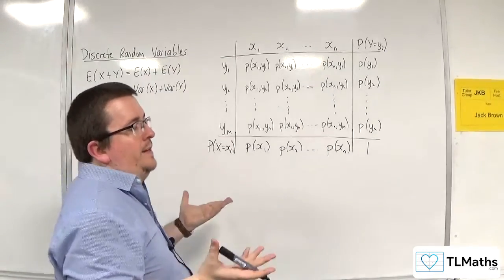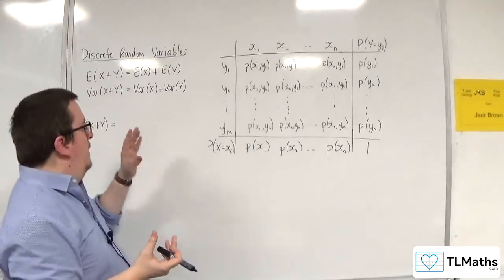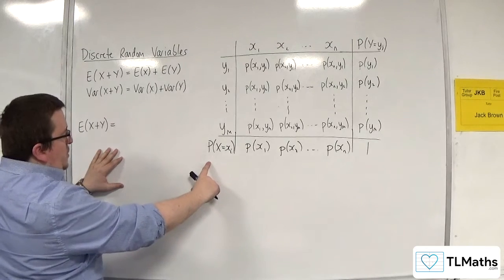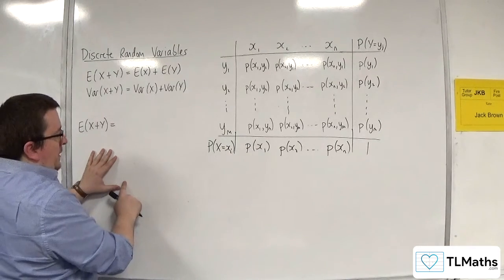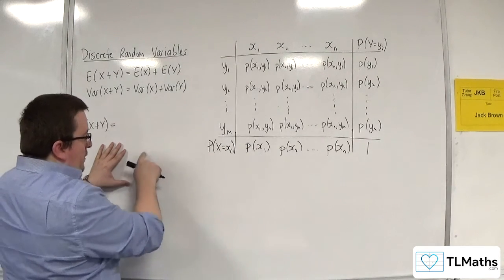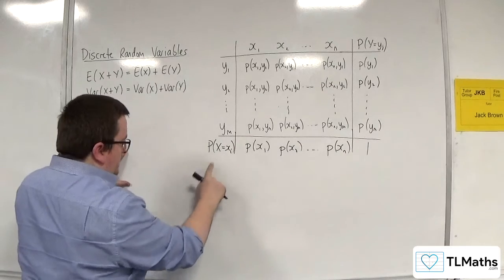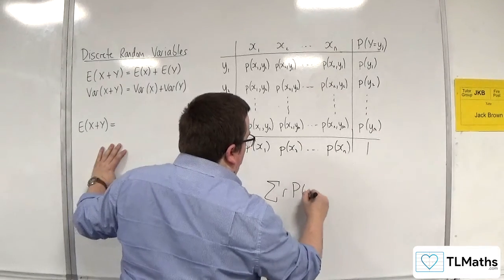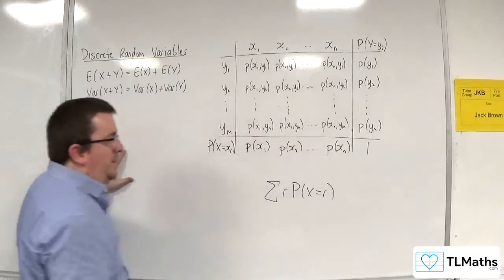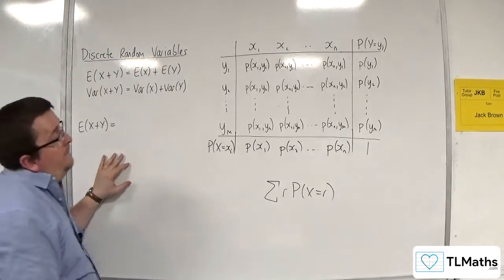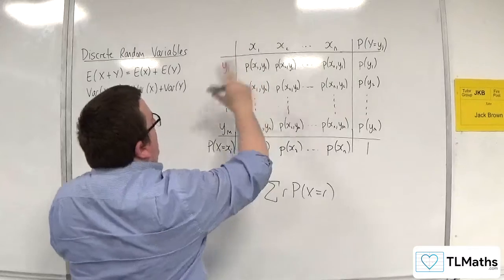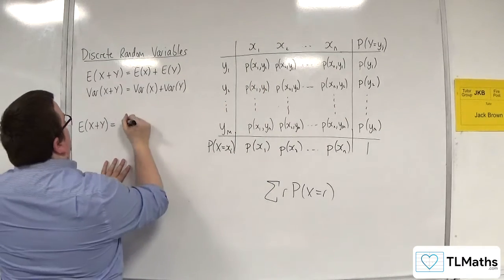This is kind of like when we have just a regular probability distribution table. We've got the R's and the probabilities, and we just multiply those together and add them together. So we do the sum of each of the R values times their probabilities. So here we need to sum together all of the xi's and yj's.